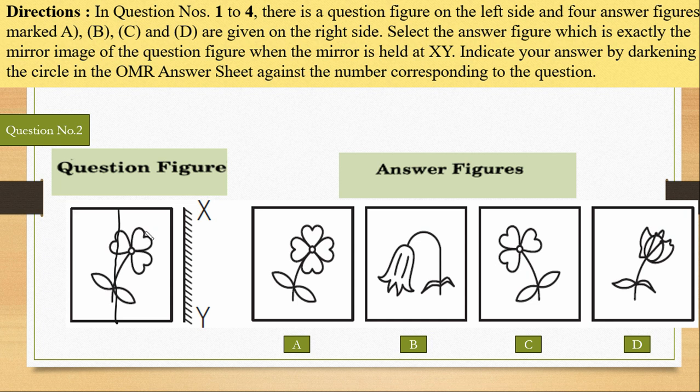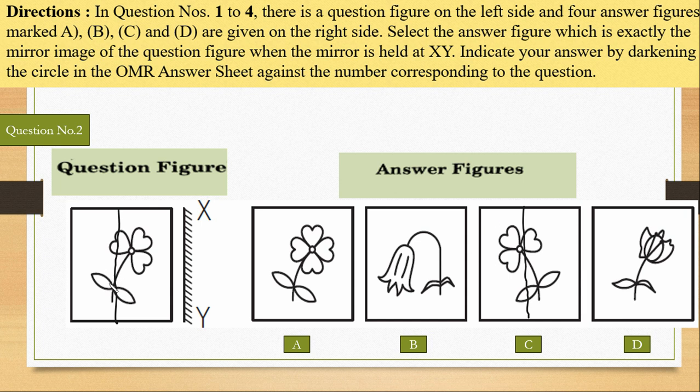Currently it is on the right hand side and it should appear on the left side, right? So here, as you can see, if we draw a rectangle here, it is exactly pointing towards the left hand side, right?